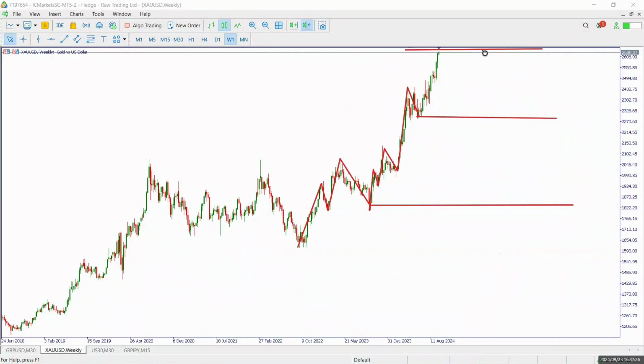Our range of focus is now going to be between this window right here. Just like the monthly, the weekly is also very bullish. We saw clear coordinations of higher highs and higher lows on the monthly time frame. Now we are seeing the same show up on the weekly time frame.